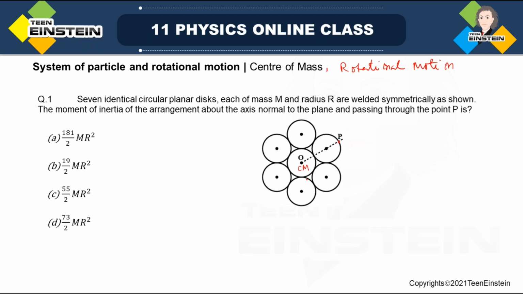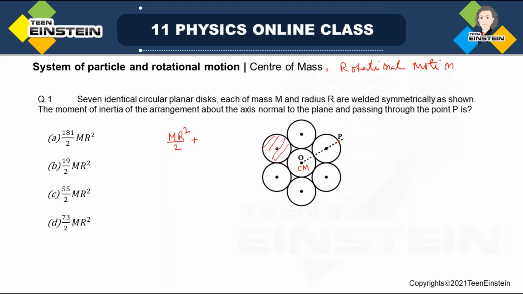Now look, if I take an individual disk, what is the moment of inertia about its own center? That will be MR square by 2, right? So this is the moment of inertia about its own center of mass. So what about the moment of inertia about this point O, the center of mass of the whole system? That can be found using the parallel axis theorem.